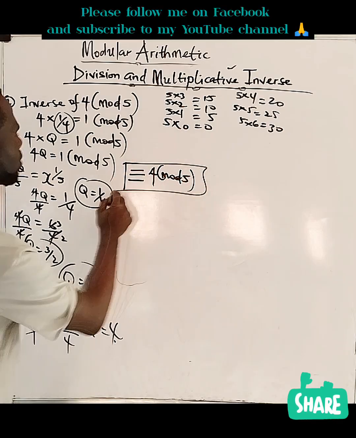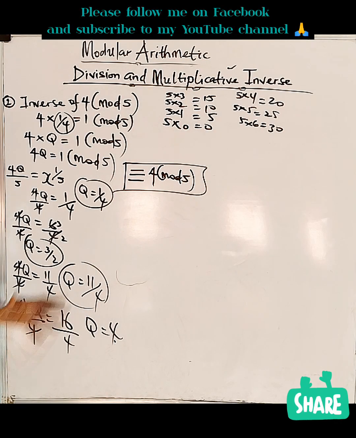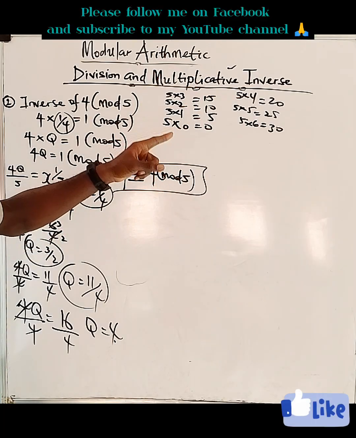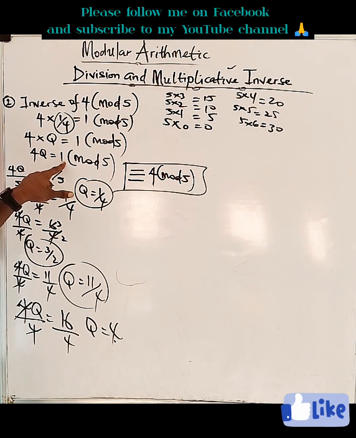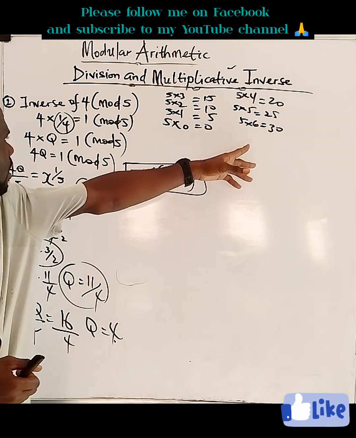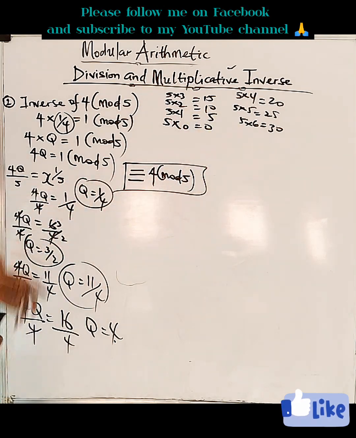This is what we're looking for. Don't forget, others also could be the result. When you check 20, for example, 20 plus 1 is 21, and you check 25 plus 1, 26, and when you carry on, 30 plus 1, 31.